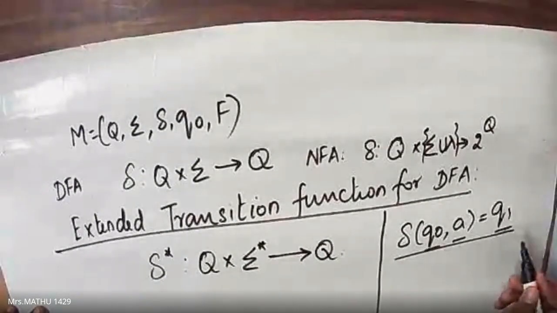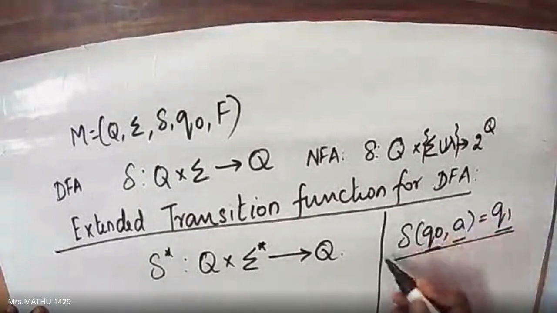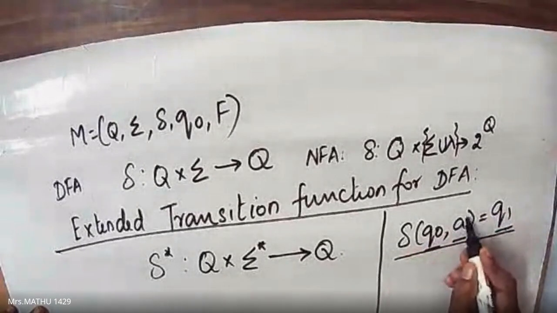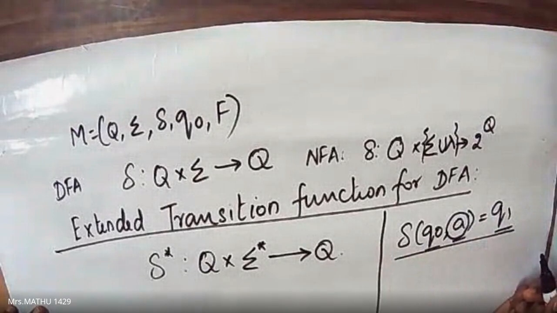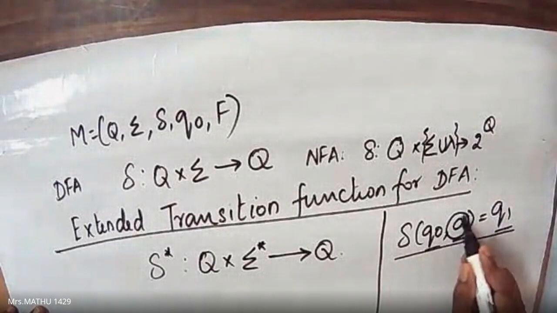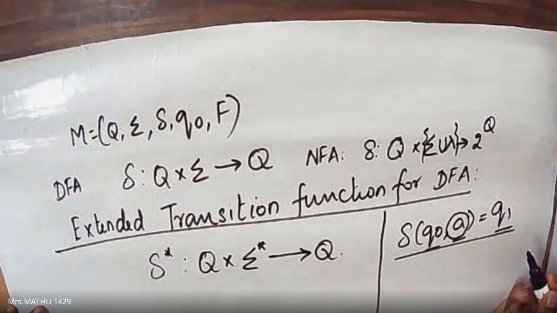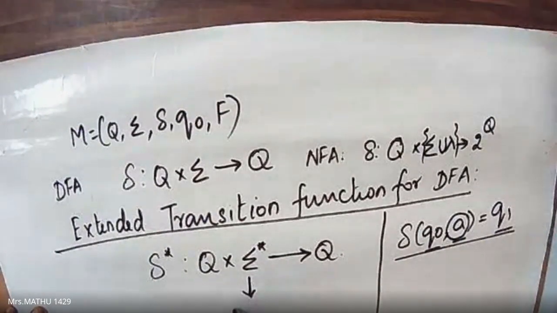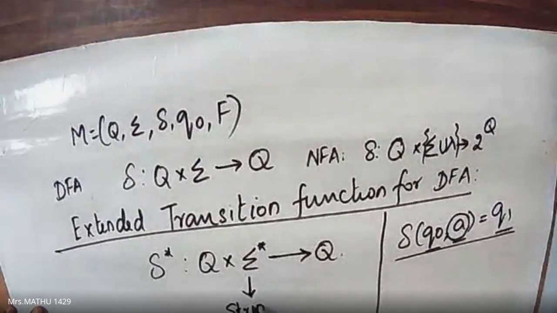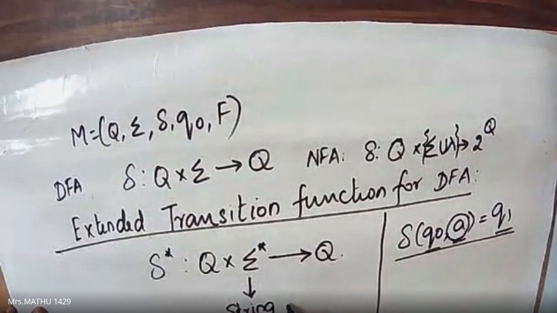In the previous examples, we have read only one single symbol. In each transition function we have entered only a single input symbol. So what this sigma star represents is that this is going to be a string, rather than a single symbol.